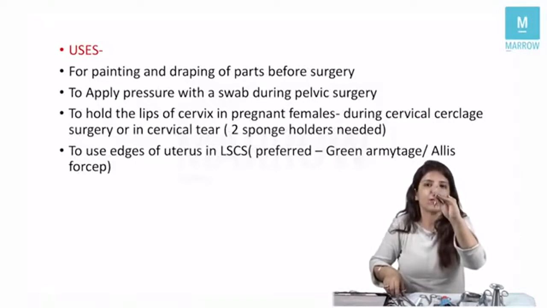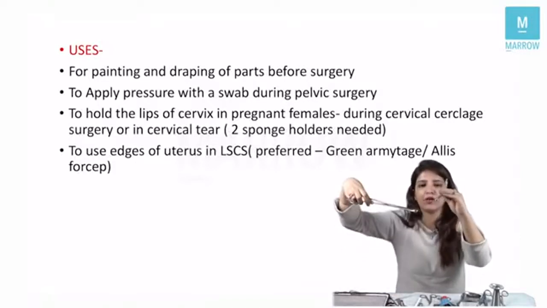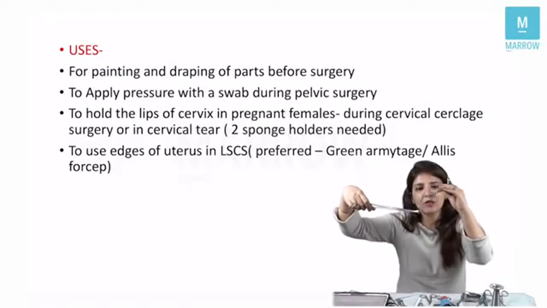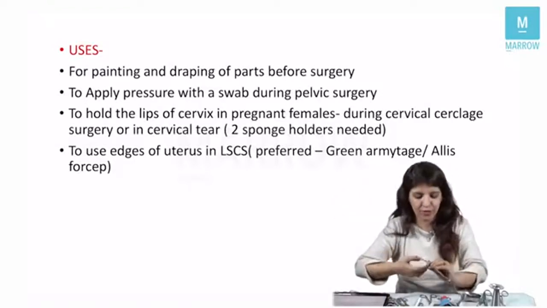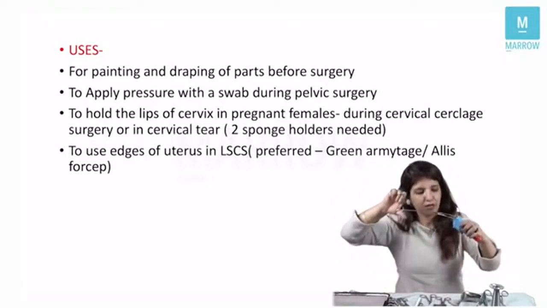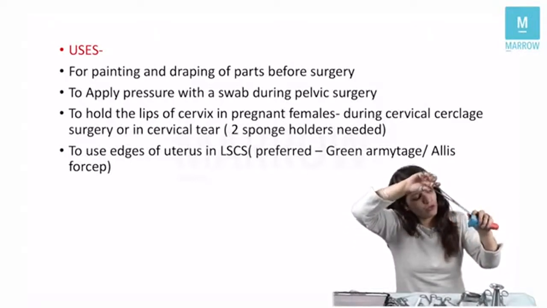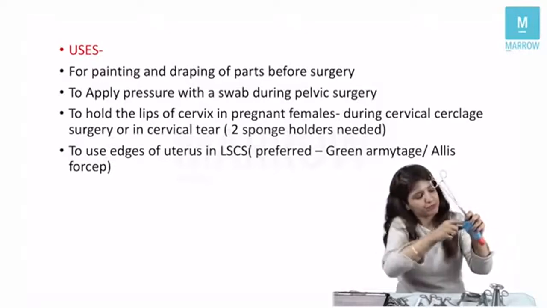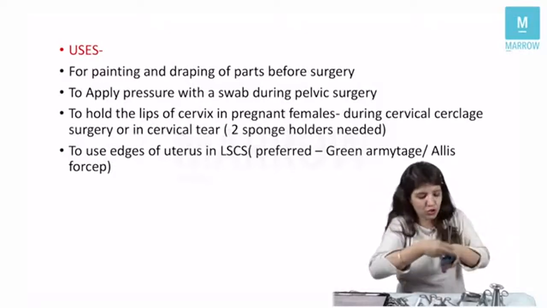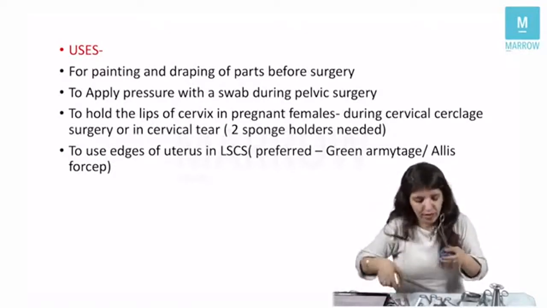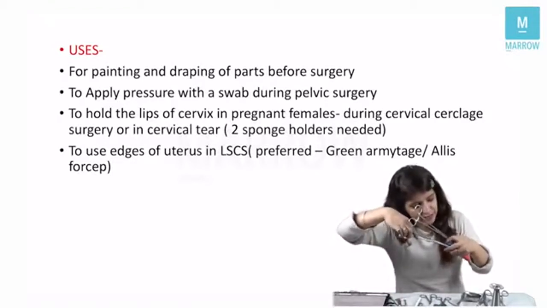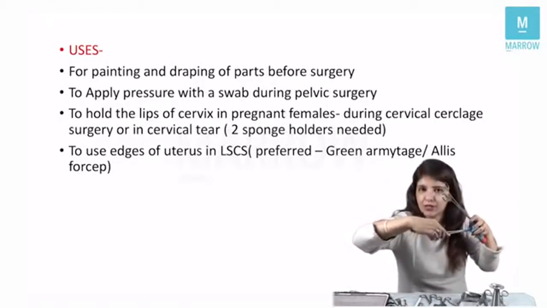So one sponge holding forceps at 12 o'clock position, other at 3 o'clock position. I'll just show you here. One sponge holding forceps at 12 o'clock position. I don't have another sponge holding forceps. Another sponge holding forceps at 3 o'clock position.